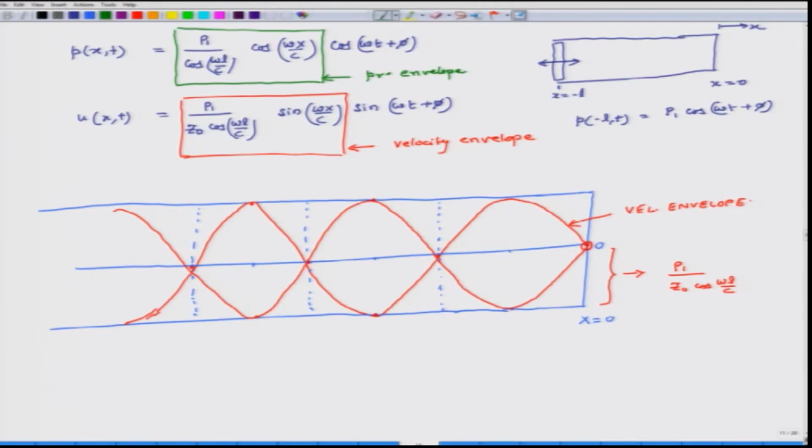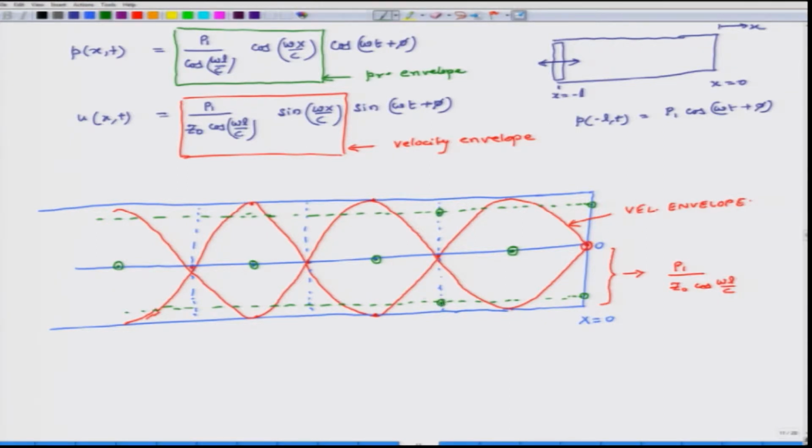So, the pressure envelope is going to be minimum here where the velocity envelope maximizes, and it is going to be maximum here, and let us say the maximum of this is, so, the green dotted line is the bound within which this pressure envelope is going to fluctuate.